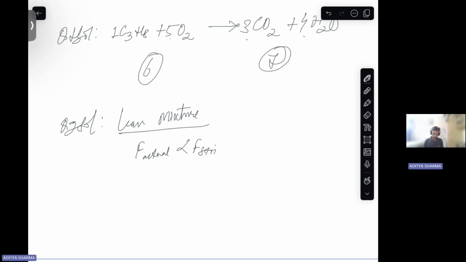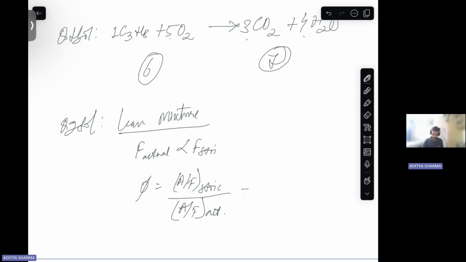Right. In that case, when we say air to fuel of stoichiometric, air to fuel of actual, what will happen? Fuel is higher for which case? For the same value of air, fuel is higher for stoichiometric, right?